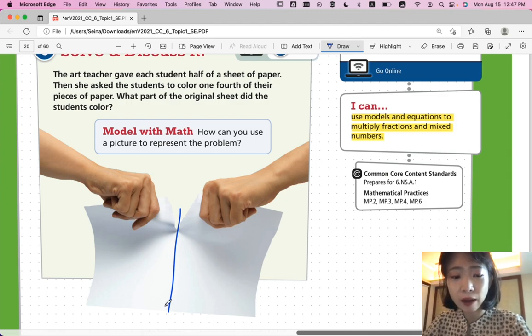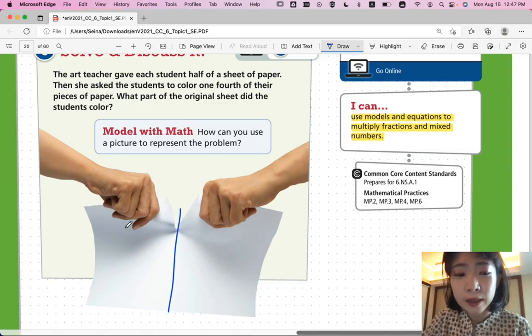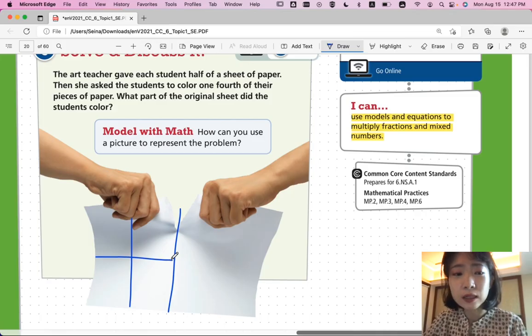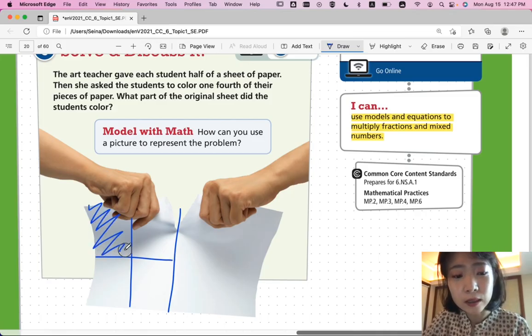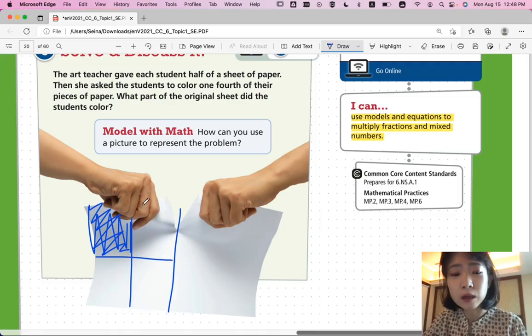So they already have half of the original. But now they're going to divide that half into fourths and then color 1/4, right? So then what is this shaded area in terms of the whole entire paper?